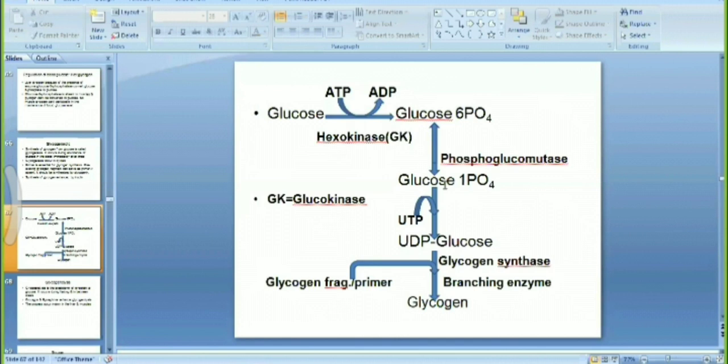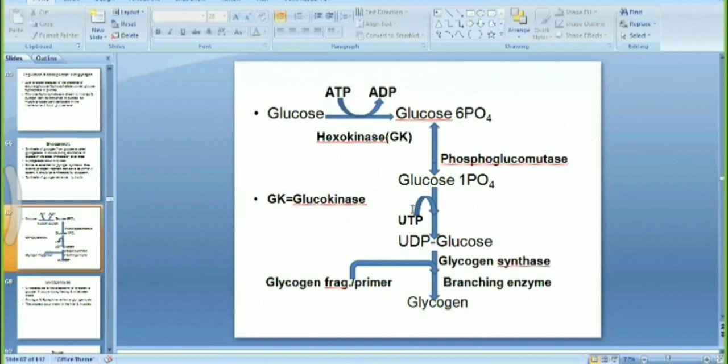Here in glycogen synthesis, glucose 6-phosphate is converted to glucose 1-phosphate. This is just isomerization. The phosphate group present on carbon 6 in glucose 6-phosphate is transferred to carbon 1 in glucose 1-phosphate.